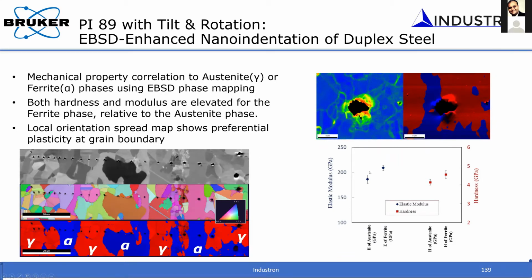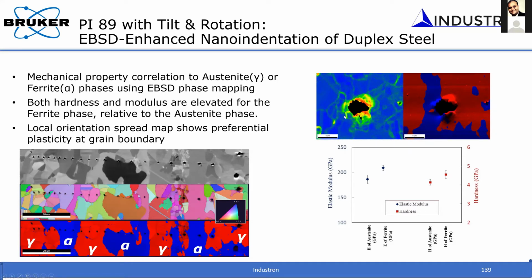And then you can measure the properties. In this case, I'm showing the elastic modulus as well as hardness of the austenite phase and ferrite phase. You can see that the ferrite phase has higher hardness compared to the austenite phase. So you can do all of that pretty neat metallurgical work, structure-property correlation, inside the SEM.